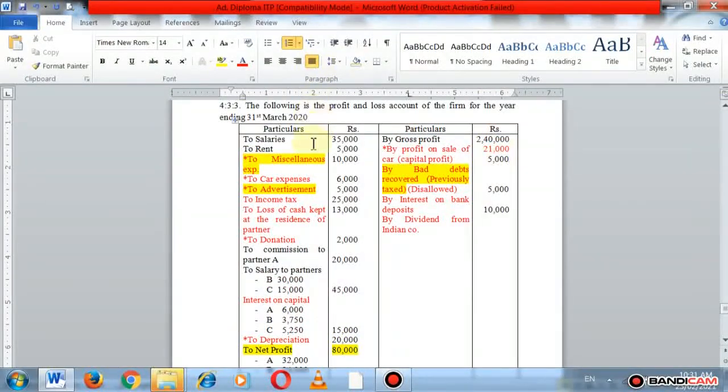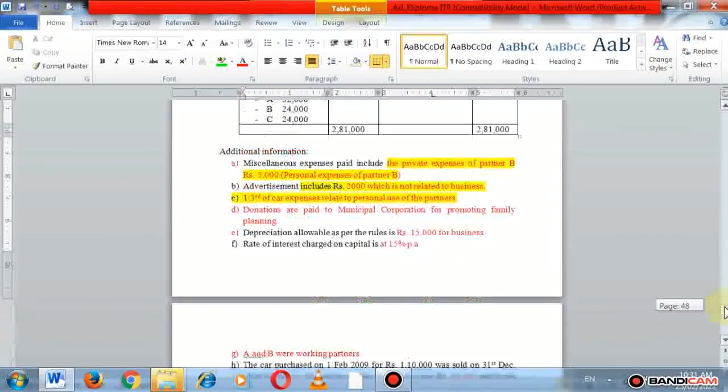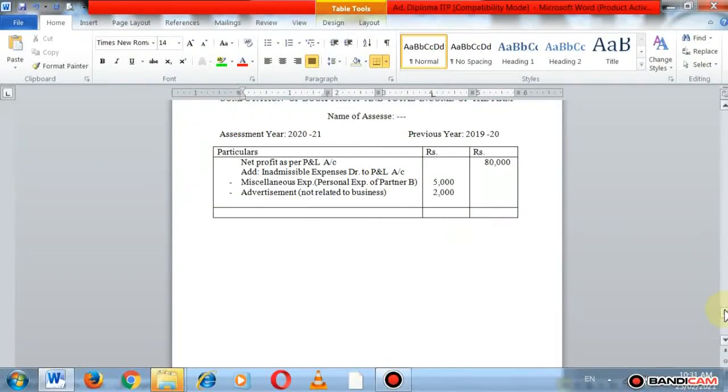So here car expenses are rupees 6,000. Out of 6,000, 1/3 of the expenses is personal.